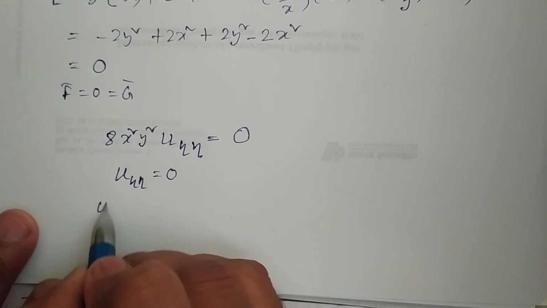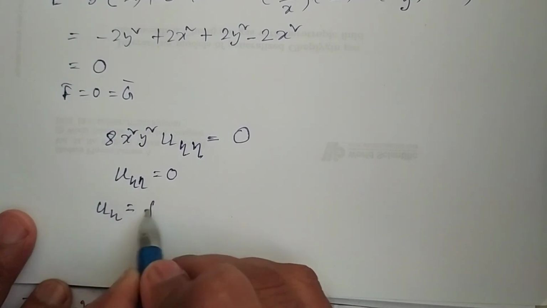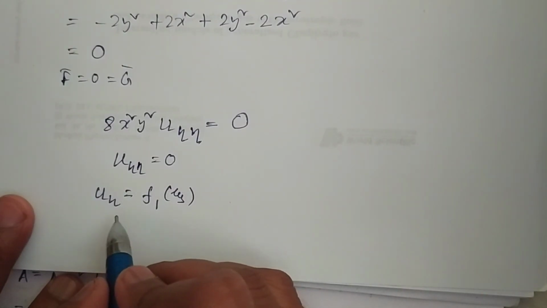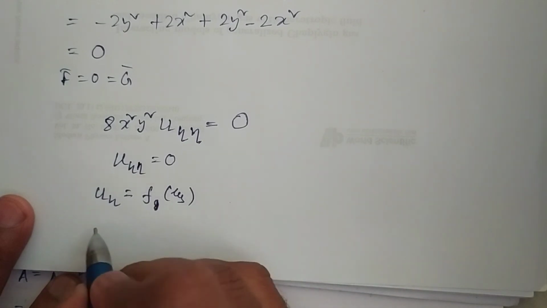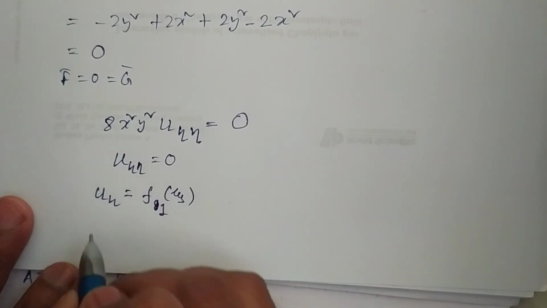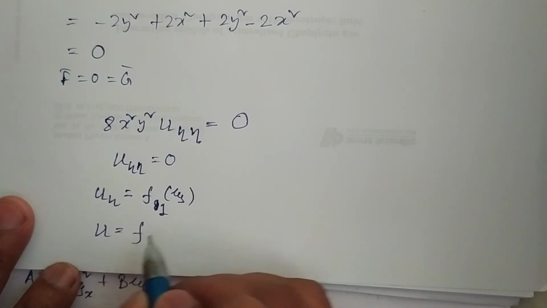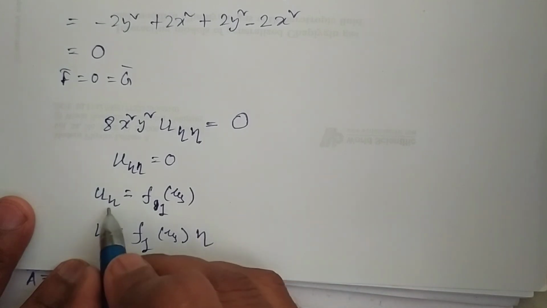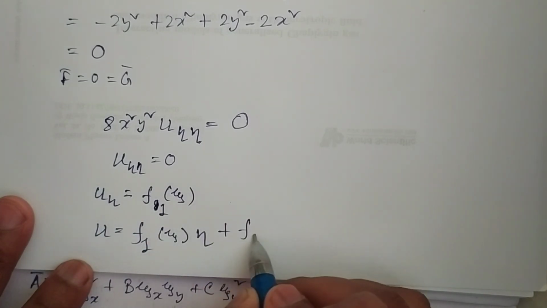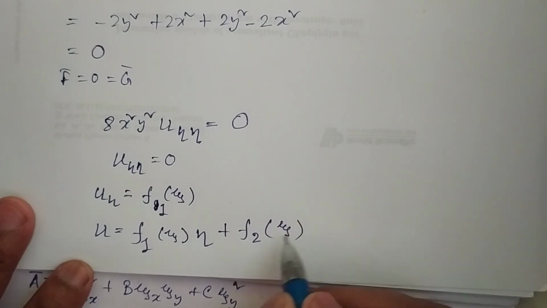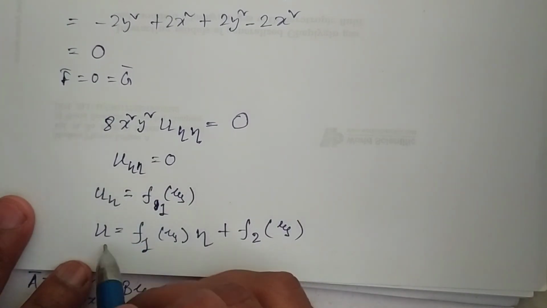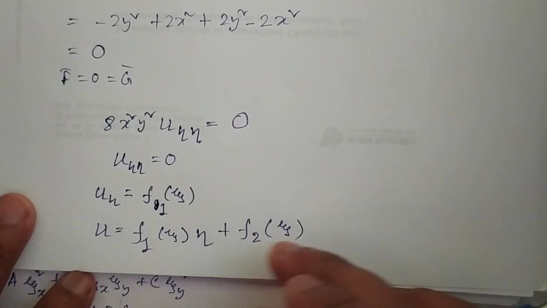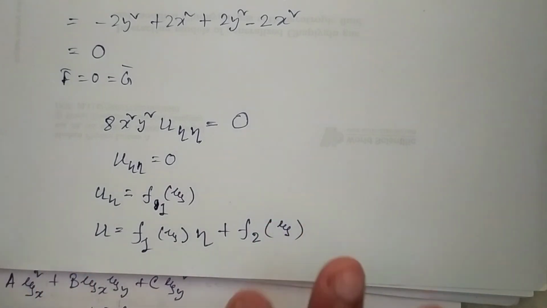So first u eta is equal to some function of xi, and then again whenever you are integrating with that, then that will be f1, u is equal to f1(xi) multiplied with eta, because this is integrated, and another function of xi which became 0 when you differentiated that with respect to eta. So where f1 and f2 are two arbitrary functions of xi. So this is the solution.